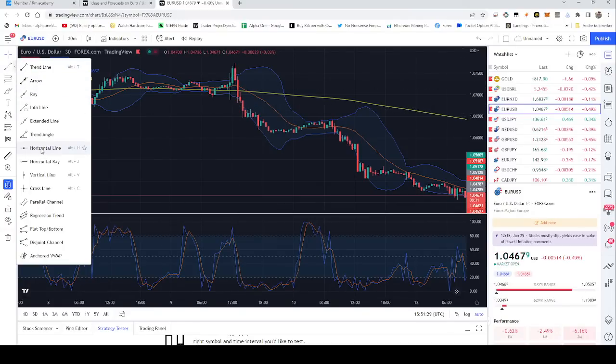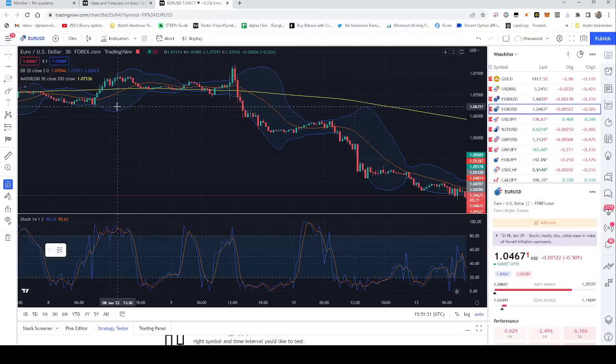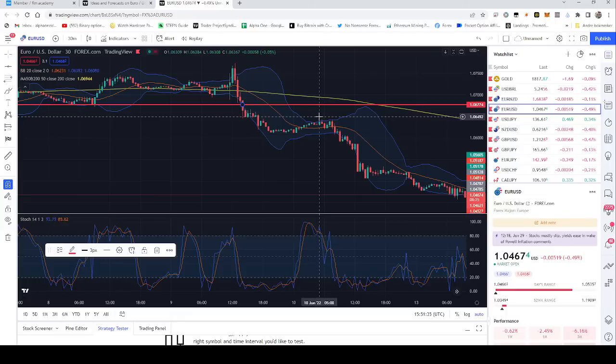So let's take a horizontal line here, and then mark the places you see we are touching many times. Okay, and we can see we have one here also. So let's mark one there. Yes, so in this case we have what we need.